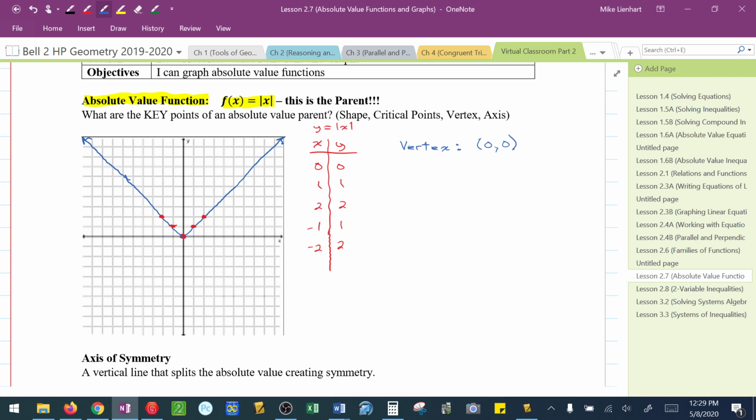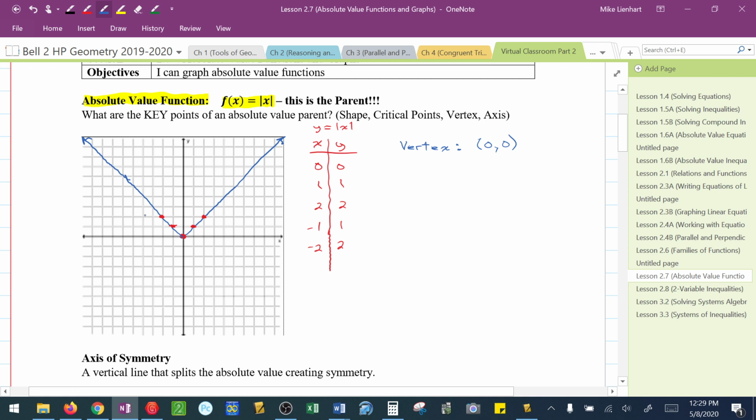Now, this is going to be kind of difficult to explain on a video, but hopefully you guys will understand it. From the vertex, I know that the points to the right go 1, 1, 2, 2, 3, 3, and that pattern continues. To the left of the vertex, it goes 1, 1, 2, 2, and 3, 3, and that pattern continues.